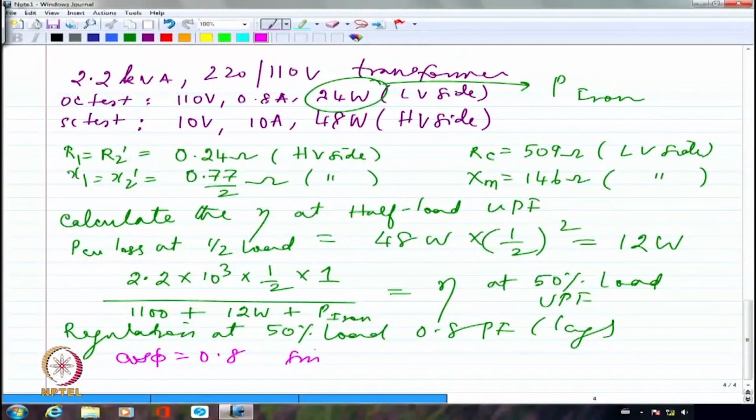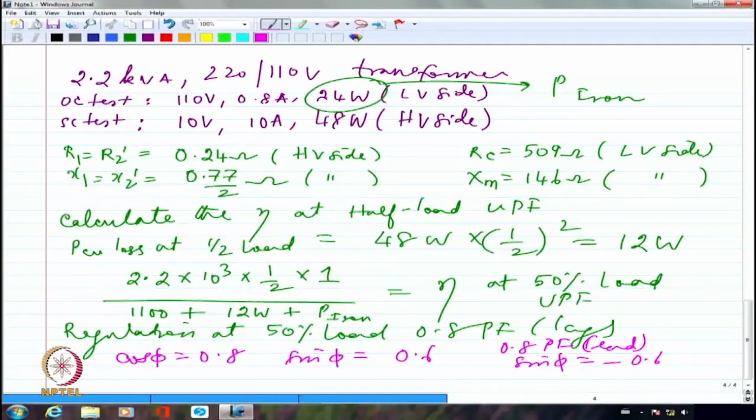If it had been 0.8 power factor lead, then I should say sin phi will be minus 0.6, because essentially the current direction would be not below voltage, it will be above voltage if it is leading. So correspondingly, sine and cos, you are going to have, cos will be still positive, sine will be the opposite sign of what you got for the other one, right?